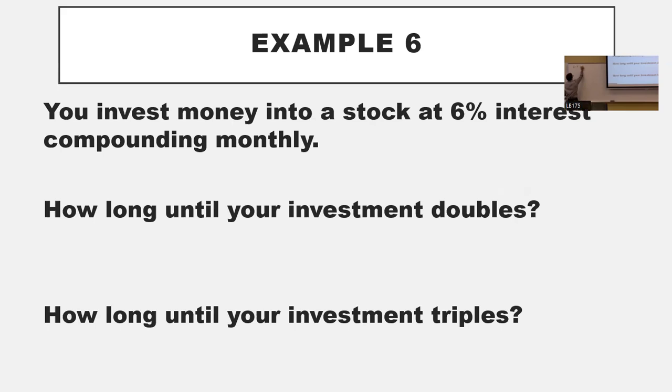So if our growth is at 6% compounding monthly, we have A equals P times 1 plus 0.06 over 12 raised to the 12T. Okay, that's our standard equation for compounding monthly. And then it asks, how long until my investment doubles? How long until my investment triples?